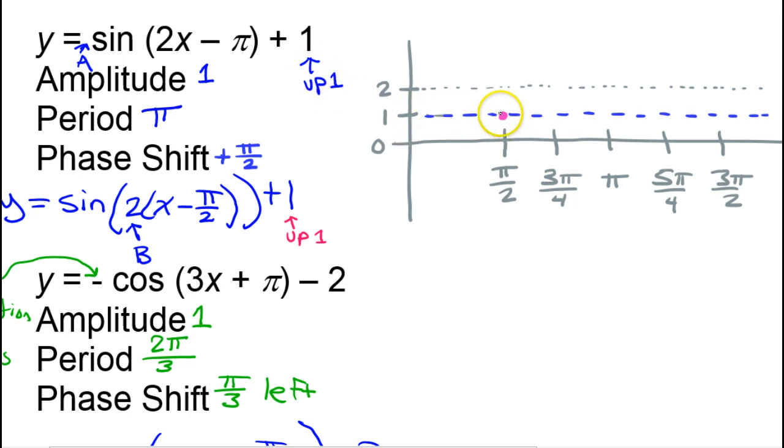The midline is now here. So we start here, and then the sine function goes up to its high point, back to the midline, down to its low point, and back to the midline. So this sine function is going to look something like this.